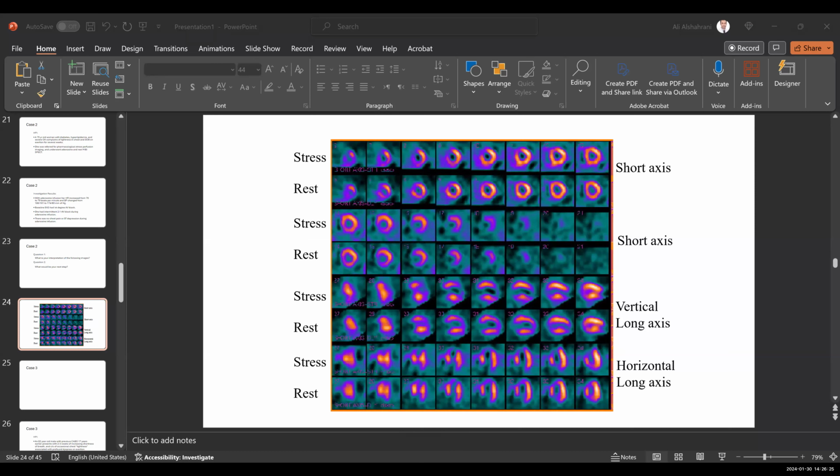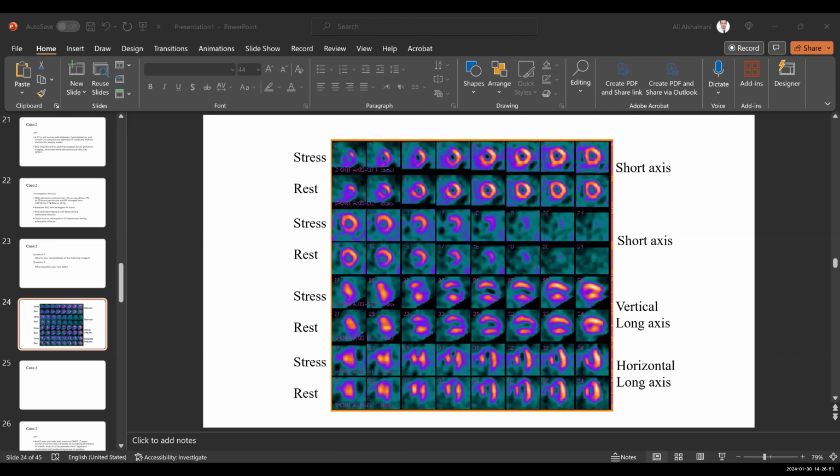Yeah, so I think it's a high risk scan because it actually involves the LAD in quite a large area of the myocardium. Once it's involved an LAD in multiple segments, it's probably high risk. They should improve after revascularization, maybe.